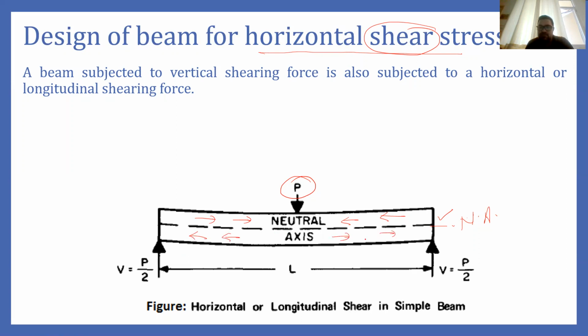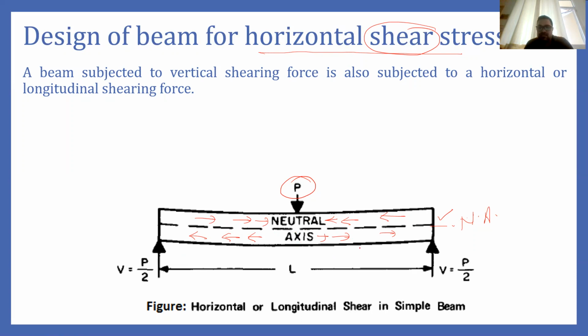So the fibers of the beam above the neutral axis will try to slide inwardly, and fibers of the beam below the neutral axis will try to slide outwardly because of the tension and compression phenomena in the beam.